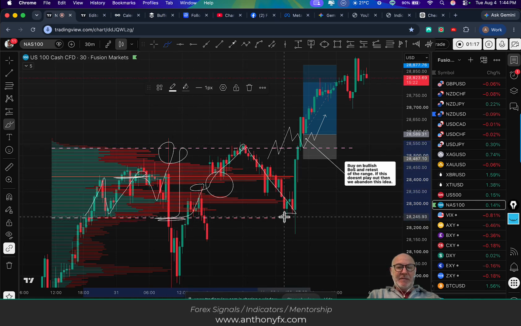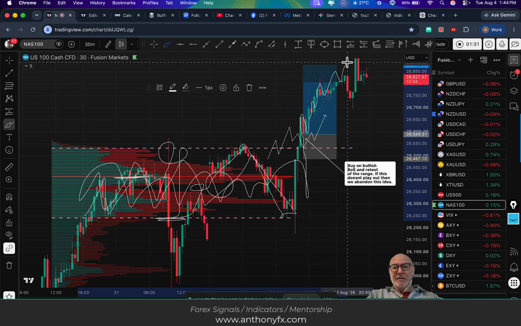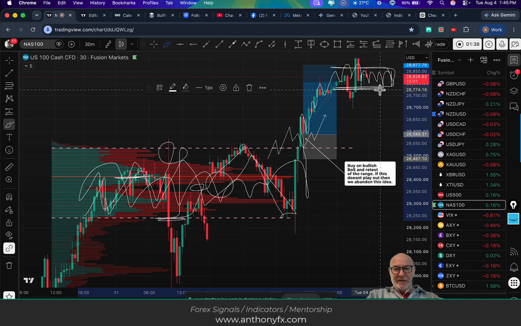So this is the smart money footprint all through here, and it's messy. Then it breaks out. We go into price discovery. This is the retail footprint, right? And then we look for value again and another volume profile value area. So that's the idea.